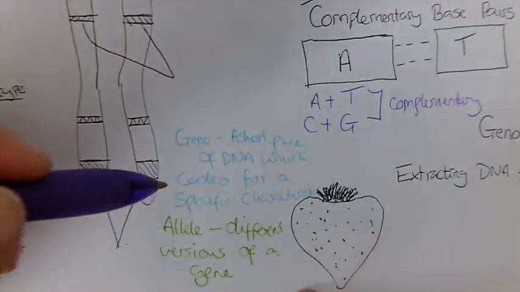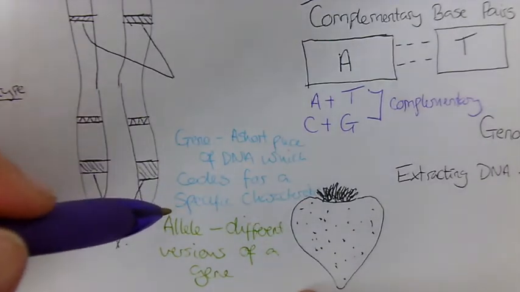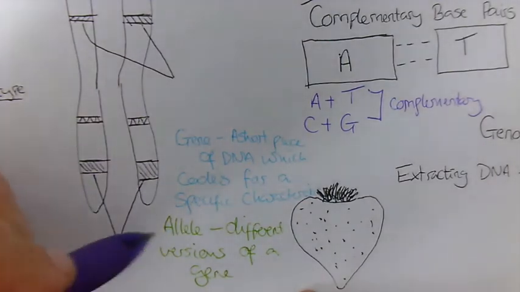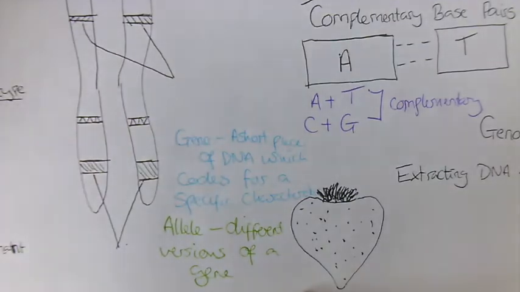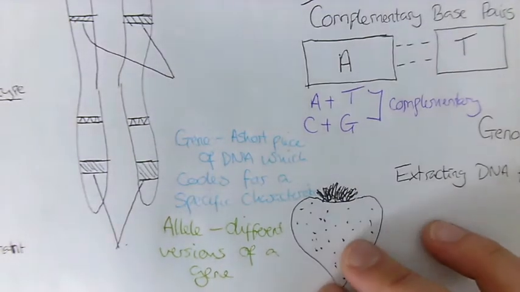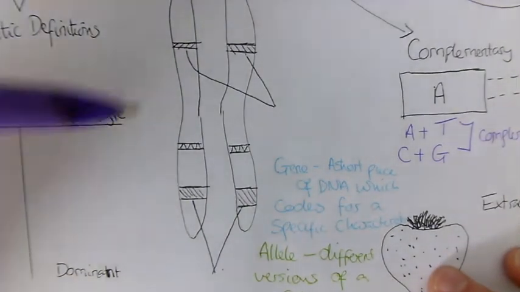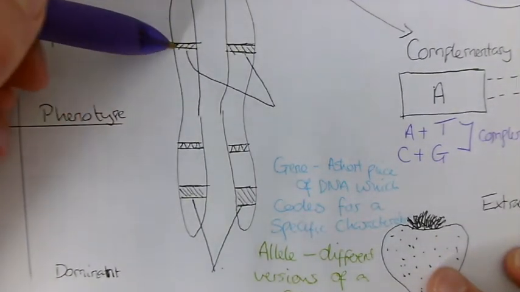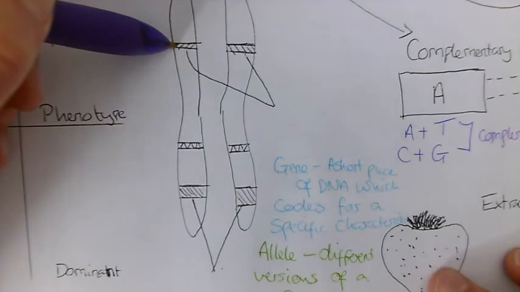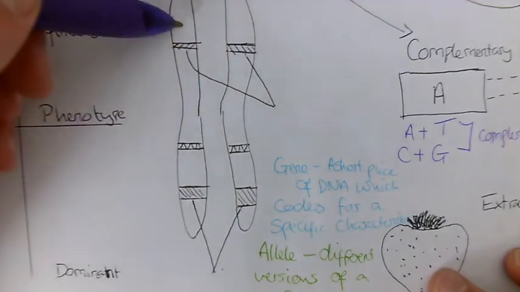So genes are the short part of DNA which codes for a specific characteristic, and then alleles are different versions of a gene. So what that means, if you've got your chromosomes that look like this, I've tried to pick specific points. These would be genes on a specific chromosome.